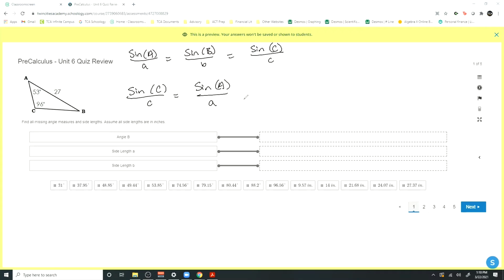Once we fill in what we know, we'll see that we only have one missing piece left. So this is going to be the sine of 96 degrees over 27 is equal to the sine of 53 over side length a, which is unknown.